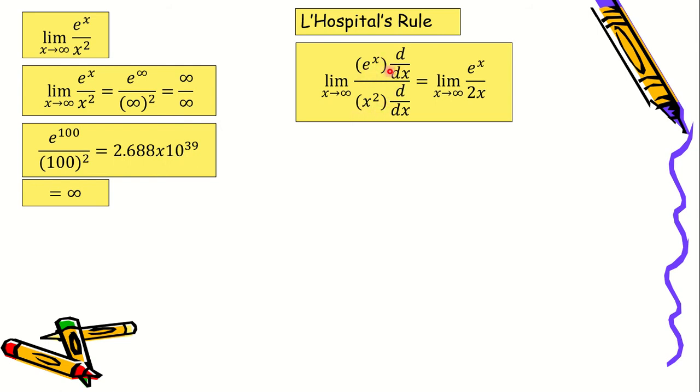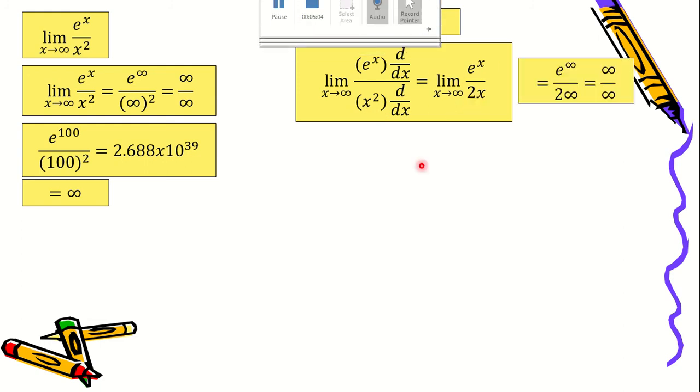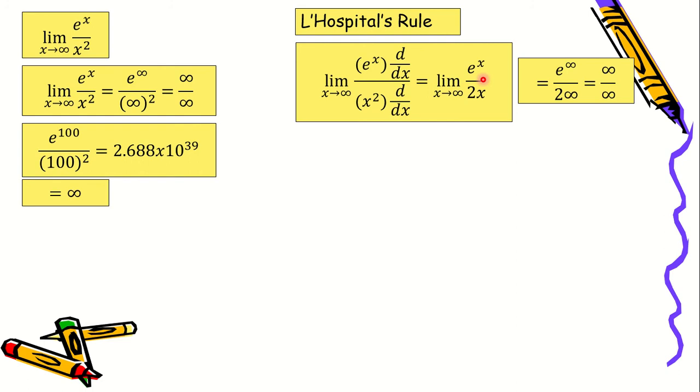So the derivative of the numerator e raised to x is simply e raised to x, and then the derivative of x squared is 2x. Okay, so now if we plug in infinity at this point, it's still going to be infinity over infinity. So e raised to infinity is infinity, and then 2 times infinity is still infinity.